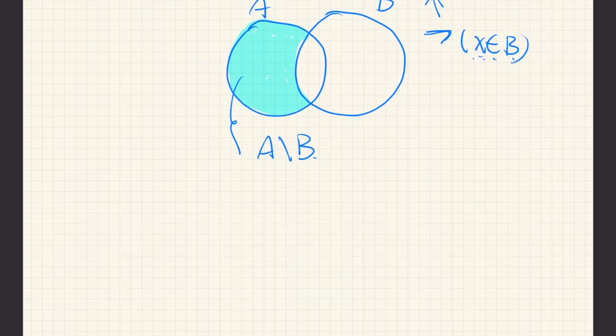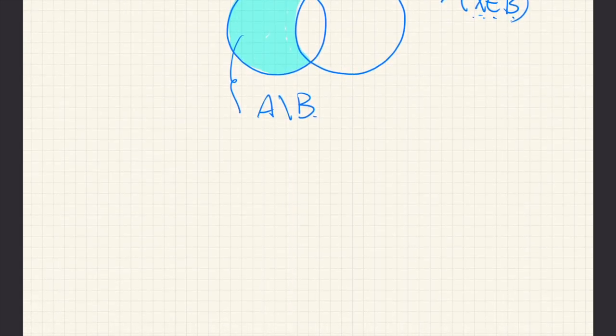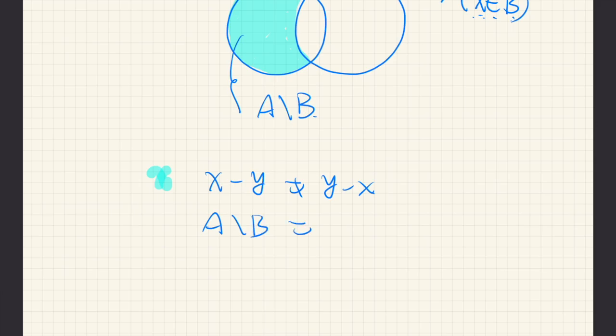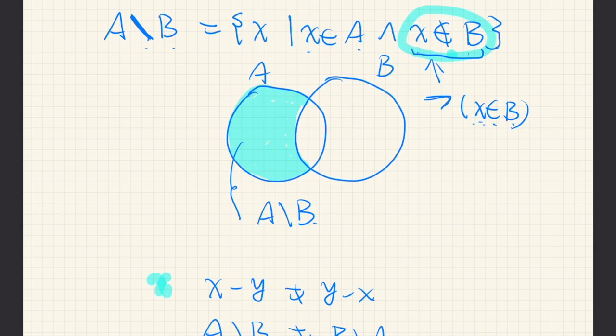Just like subtraction is not commutative, for numbers x and y, x minus y is not equal to y minus x, similarly, A set minus B is not equal to B set minus A, because B set minus A would be here. So it's completely different from A set minus B. This part is B set minus A.